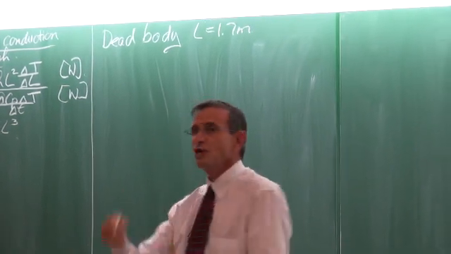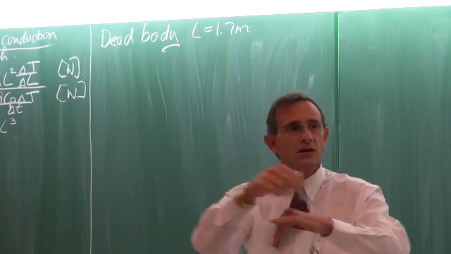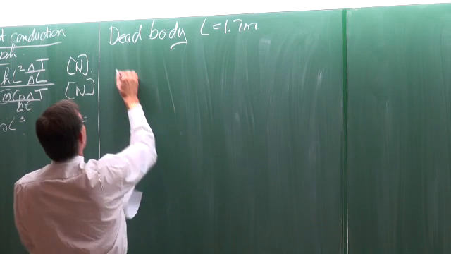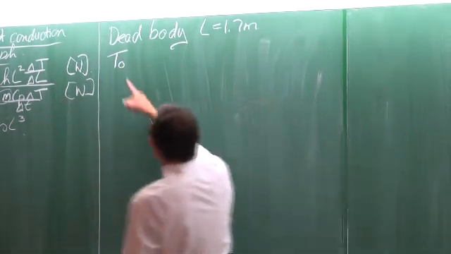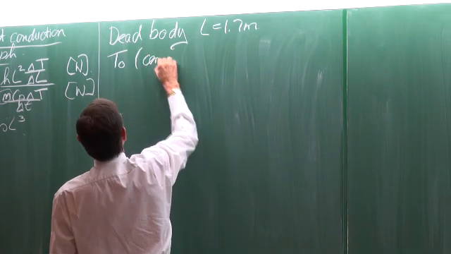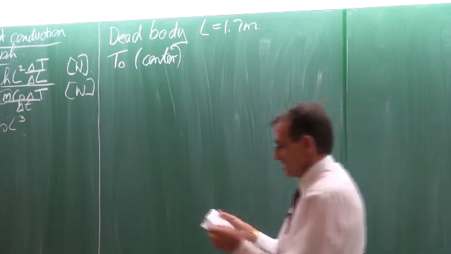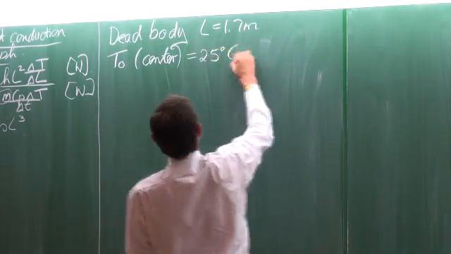Now, the temperature of the body, measured now in the center of the body, and you can think yourself how that temperature is being measured. So the temperature at the center, that is why we use the 0 there. The temperature at the center of the body is measured at 25 degrees Celsius when found.